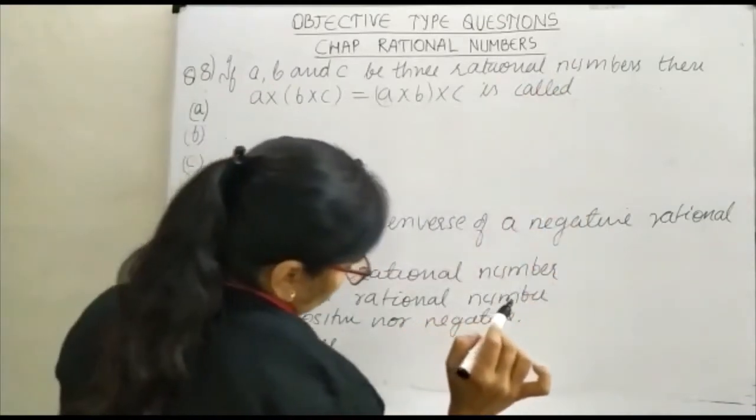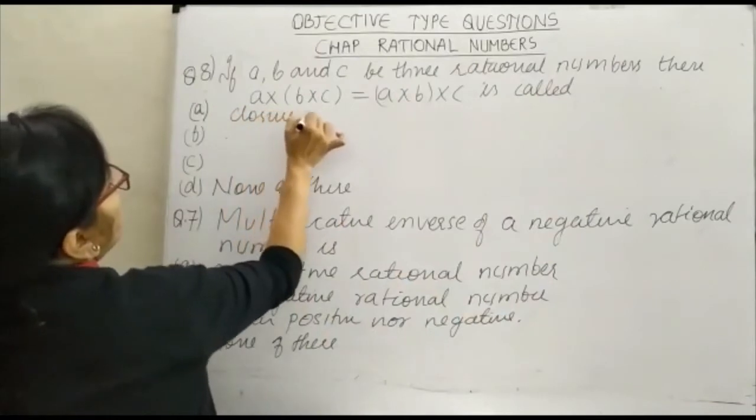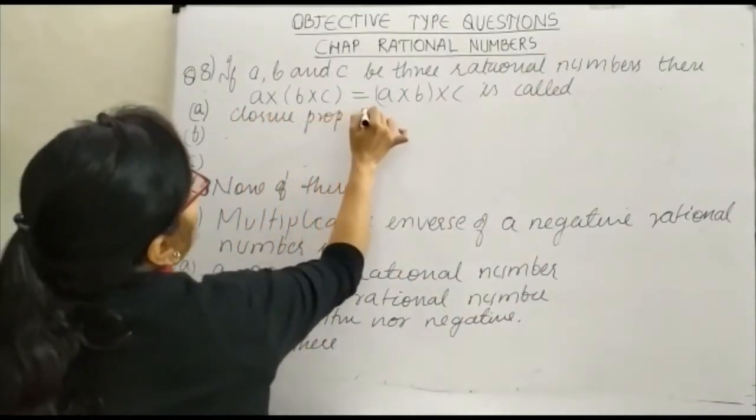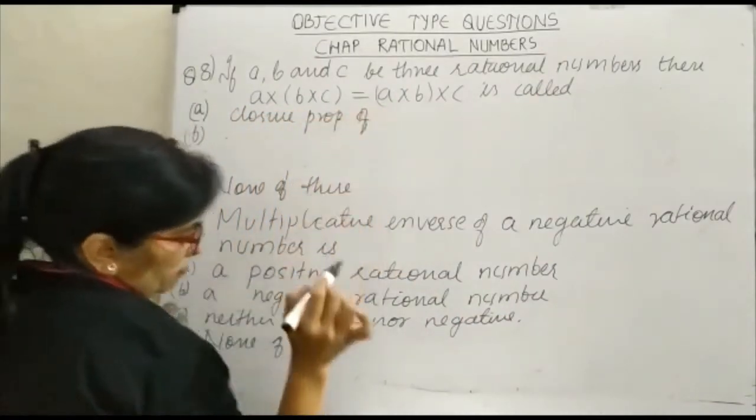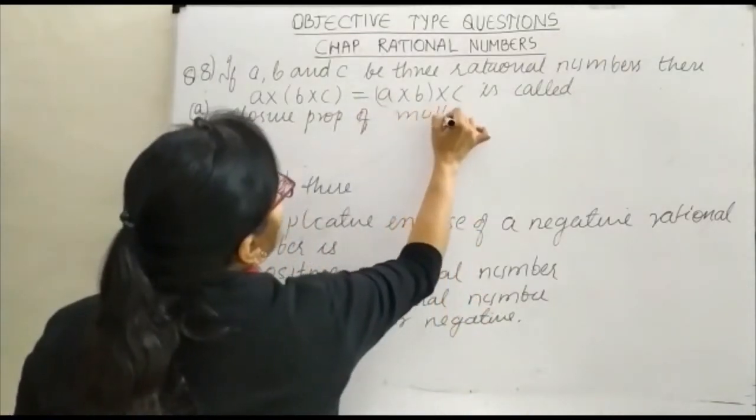Your first option is closure property of multiplication.